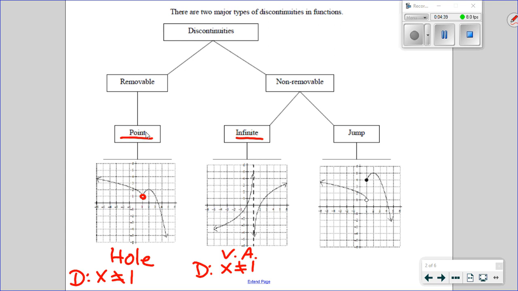We could remove the hole by just redefining the function at that value, but you really cannot remove a vertical asymptote, okay? So again, think of removable and non-removable as like the severity of the discontinuity, okay?